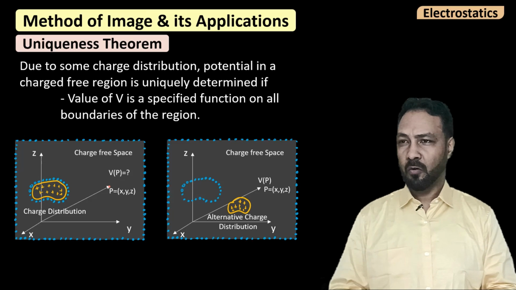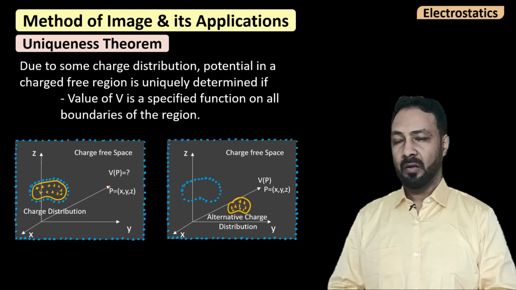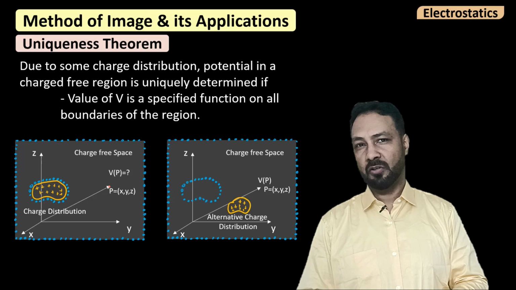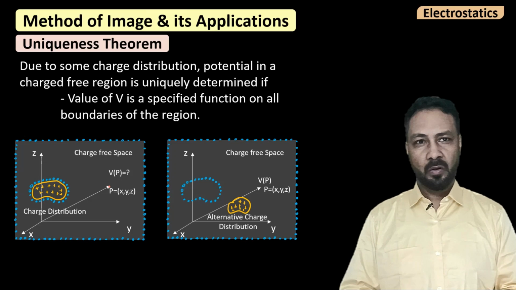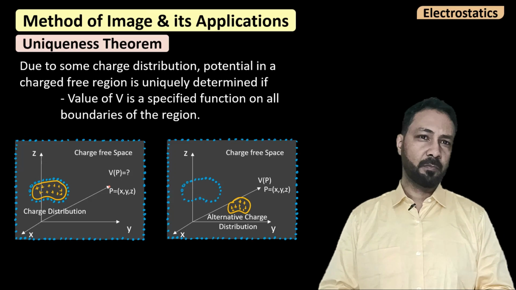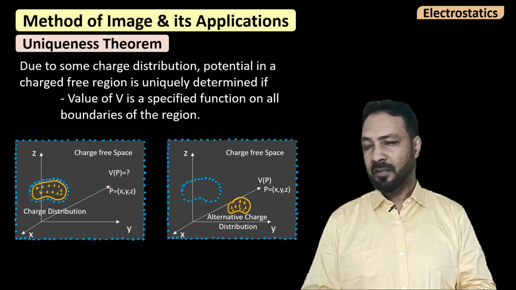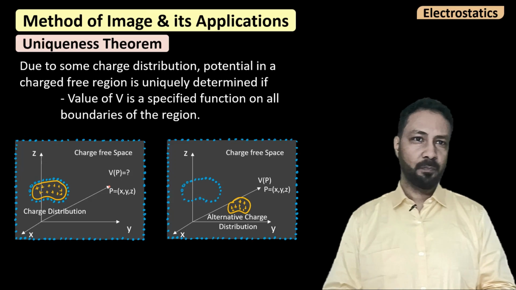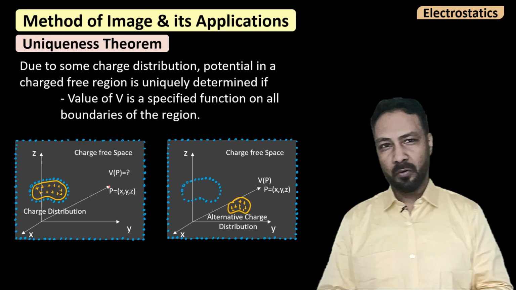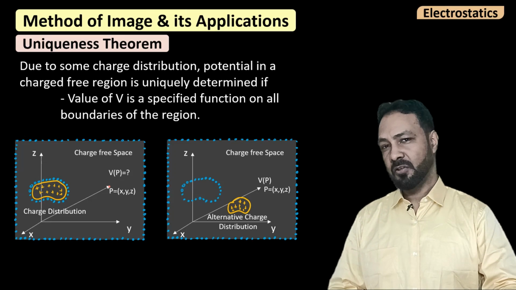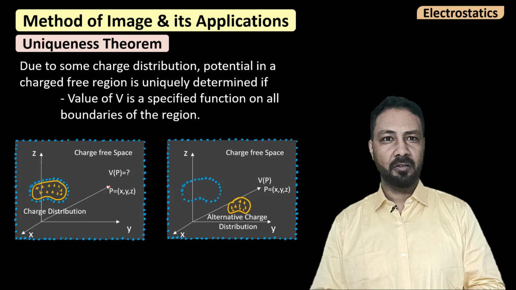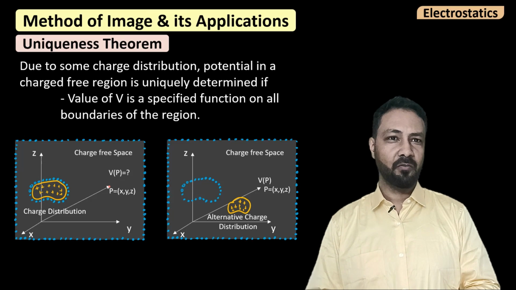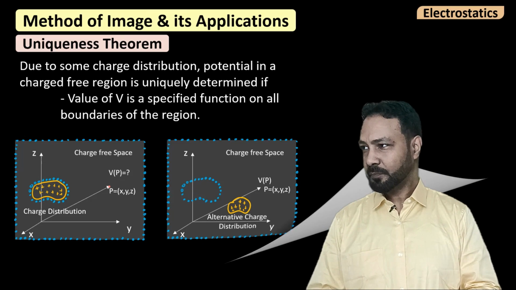So if I have a complicated charge distribution and I'm not able to find potential or field or force, I need to look for an alternative charge distribution that gives the same boundary condition for the potential. Then I will find the potential because of this alternative charge distribution. That is the guarantee, the license I am getting from the uniqueness theorem.